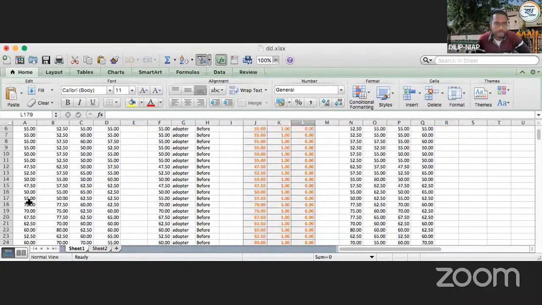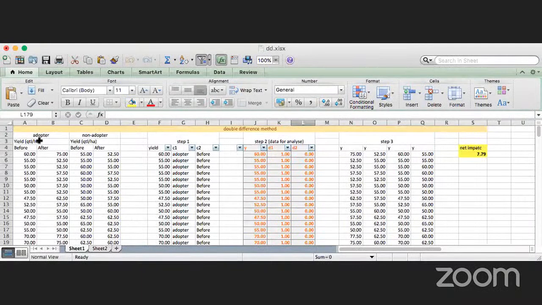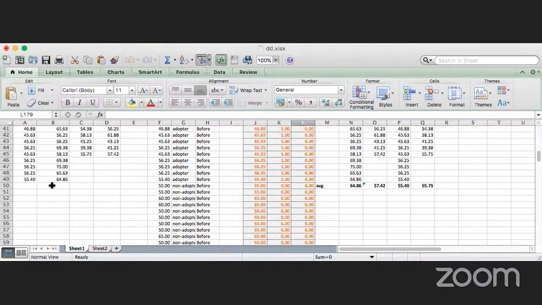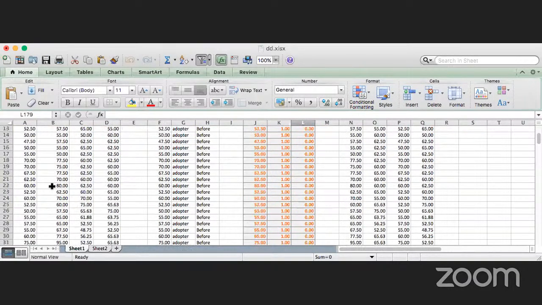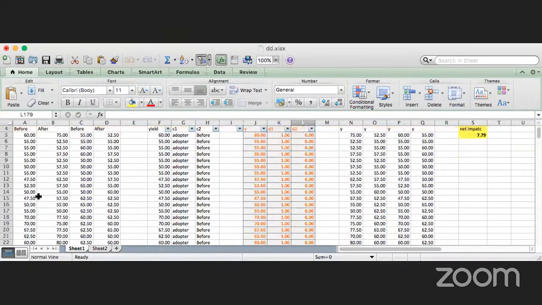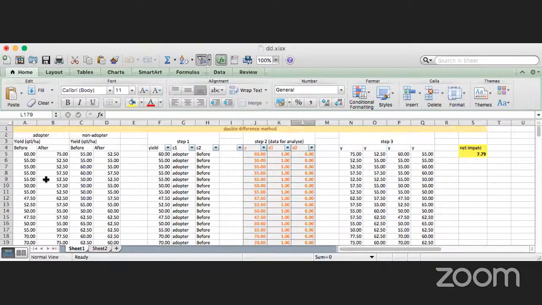This is my adopters and non-adopters, two categories. Yield is our objective, taken in quintal per hectare, before the water saving interventions and after the water saving interventions. The total number of farmers is 128 from the adopter category, 146, right, and here is the non-adopter category.